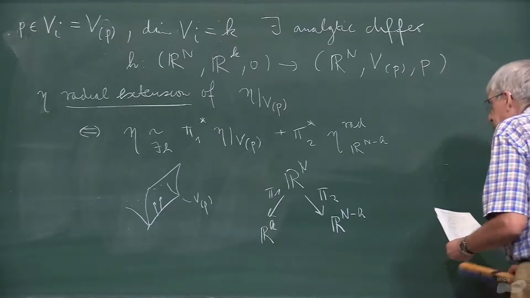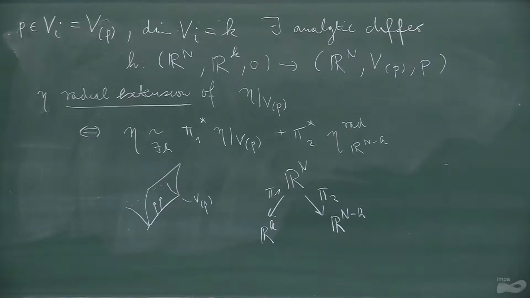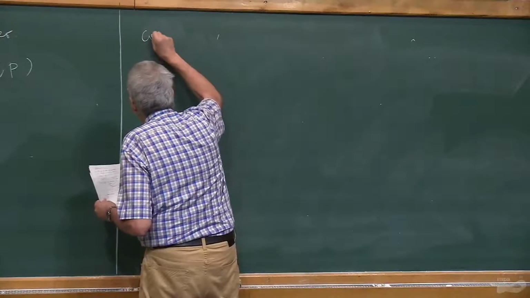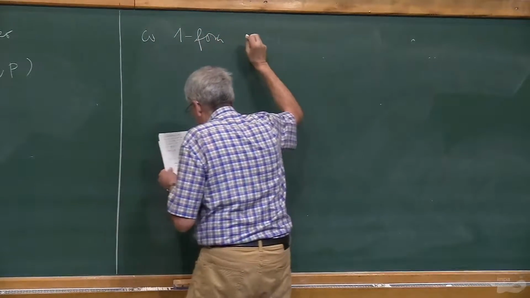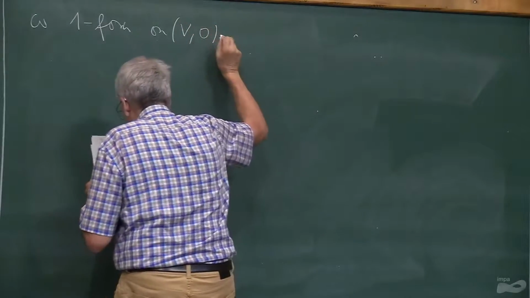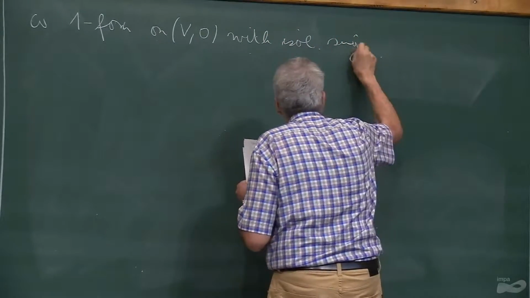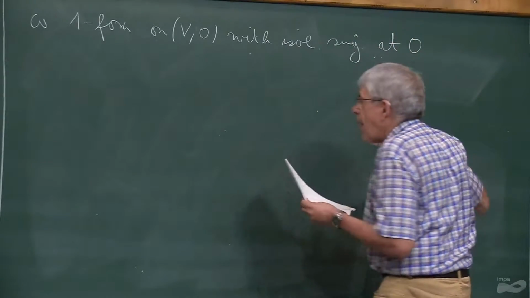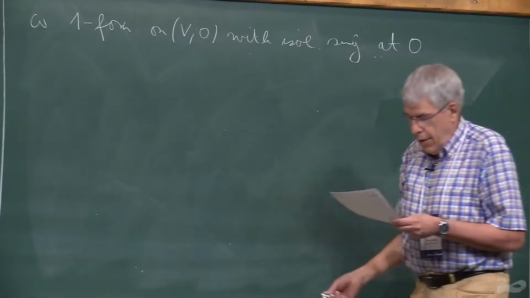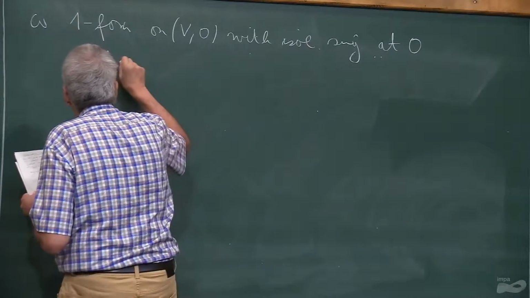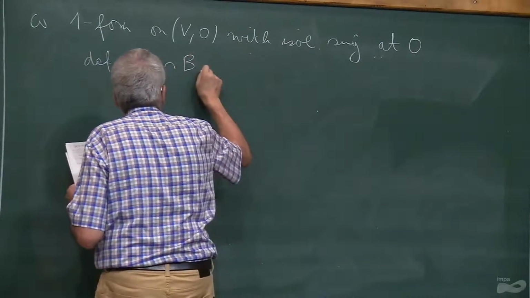So now, in order to define the radial index, we need a perturbation of the form. Omega is a one form now on V0 with an isolated singularity at 0, and since it has an isolated zero, we can assume that it is defined on V intersected with a small ball of radius delta.